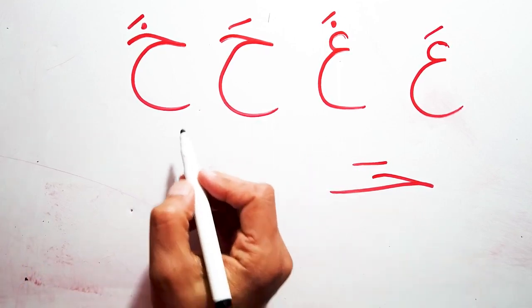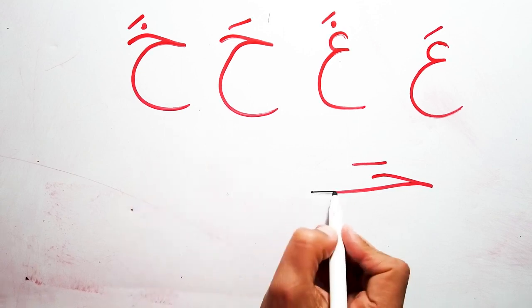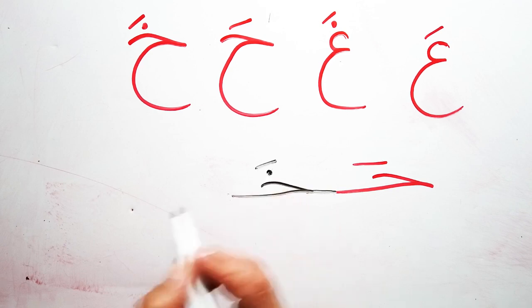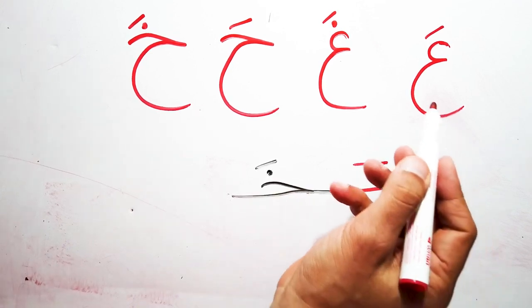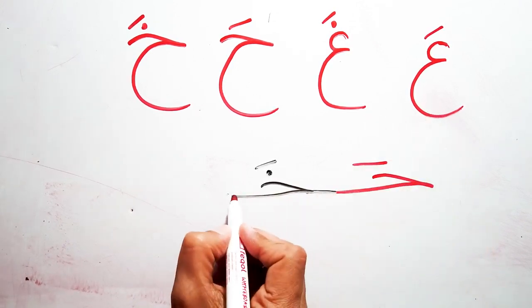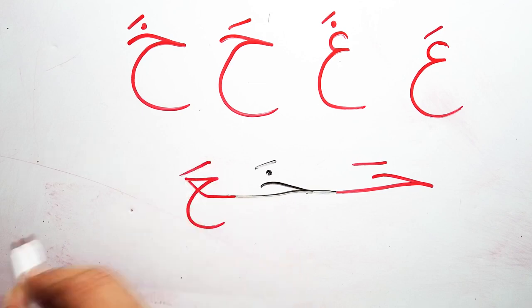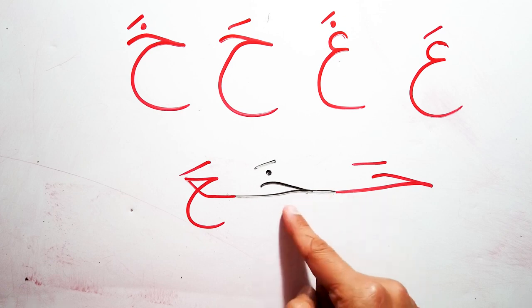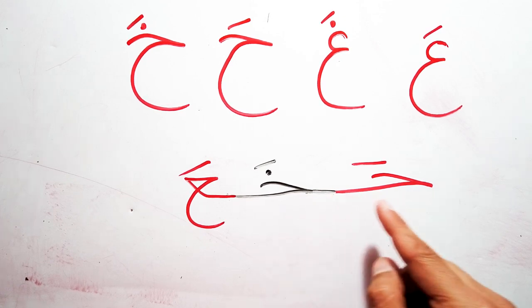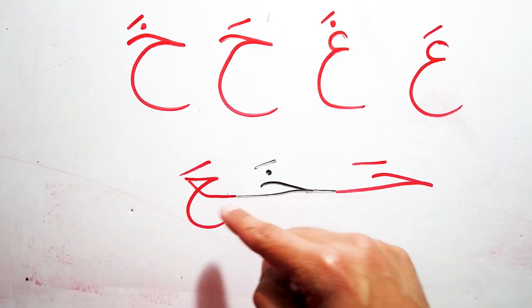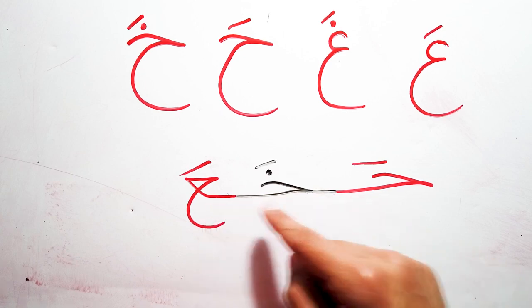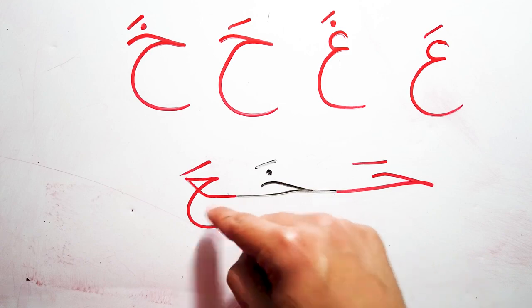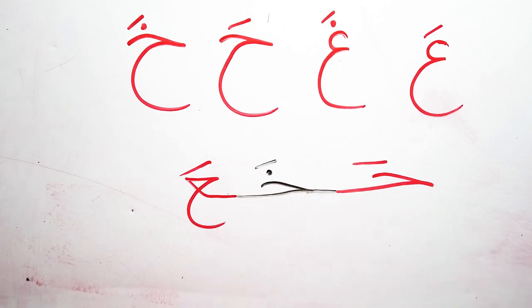And then let's add kha. Let's add a in the end. Let's read. Ha, kha, a, ha, kha, a, ha, kha, a.